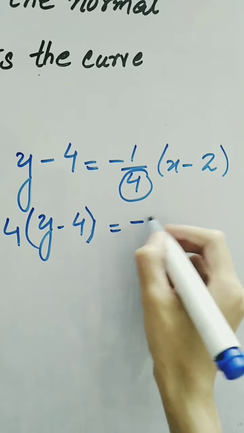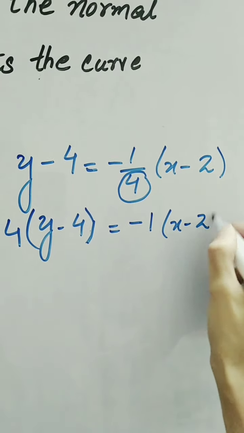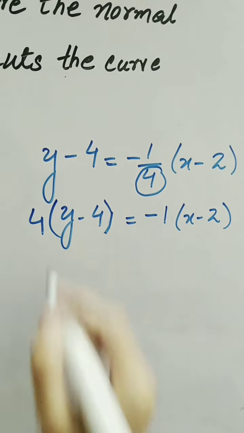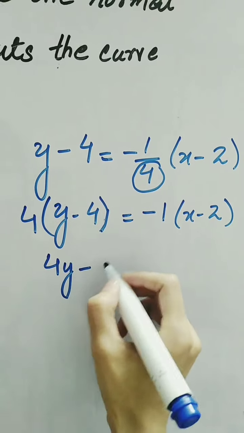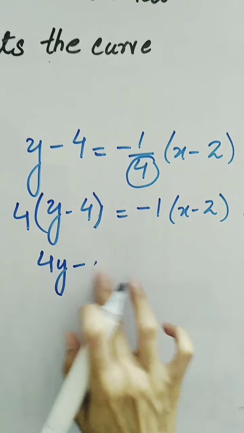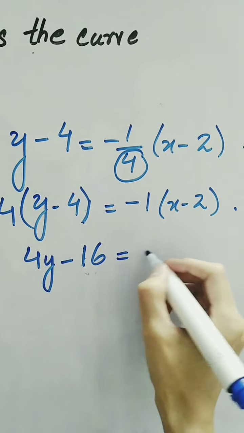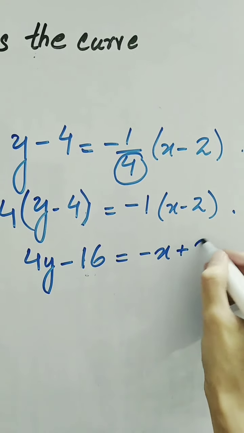Now we are left with minus 1 bracket x minus 2 on the right hand side. Now multiply 4 with the bracket, we have 4y minus 16 is equal to minus x plus 2.